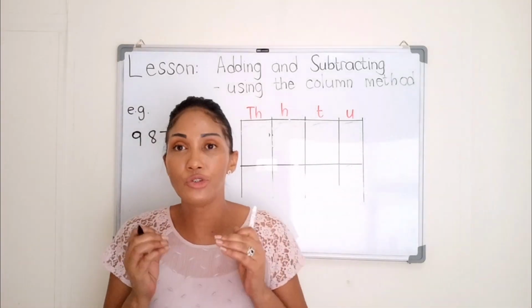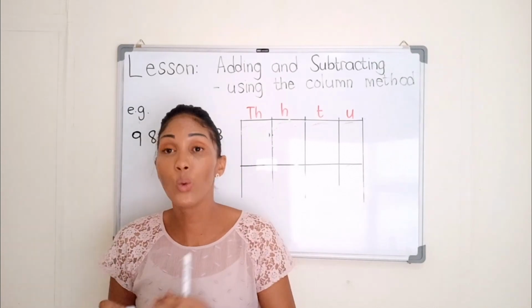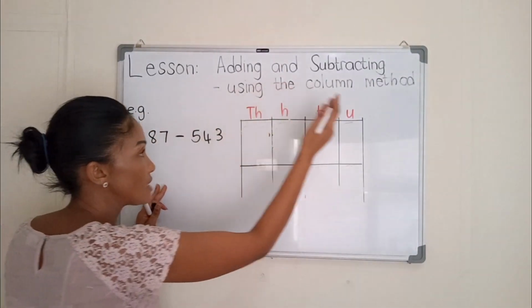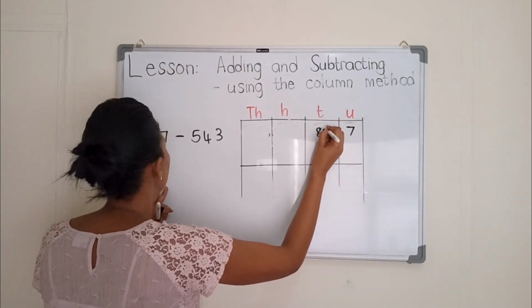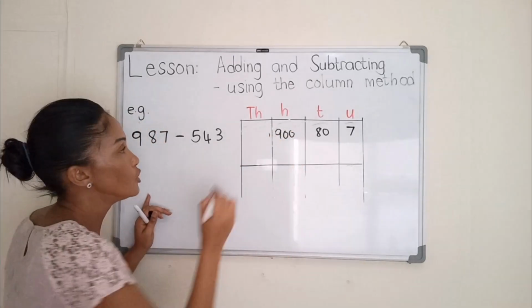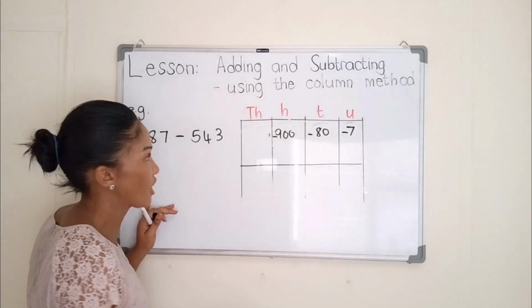Also another point that you need to know is you can't subtract a big number from a small number. We can only subtract a small number from a big number. So now we're going to place it into our correct columns. I've got 7, 80 and 900. You can put your minus in front because we are subtracting.